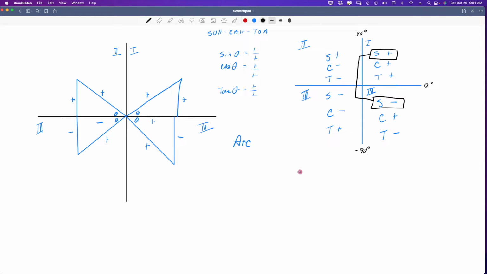So our limitations for arc sine, let me see the right way to write this.